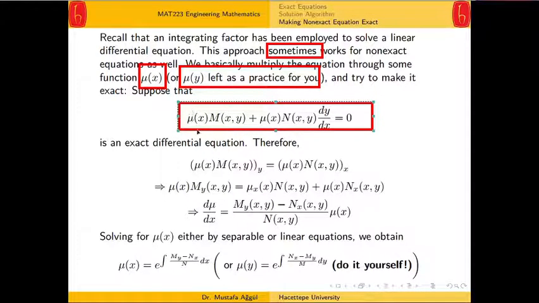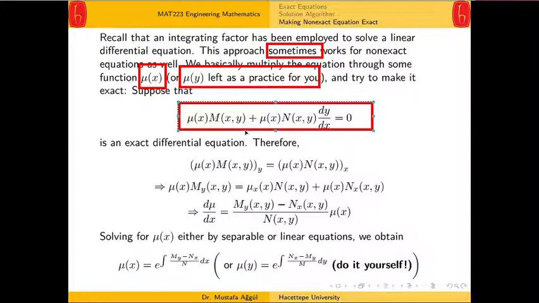If this is possible, then we are good to go. Otherwise, we cannot proceed with exact equations, and we should try something else, maybe linear differential equations or separable equations or some other options we will learn in our next classes.